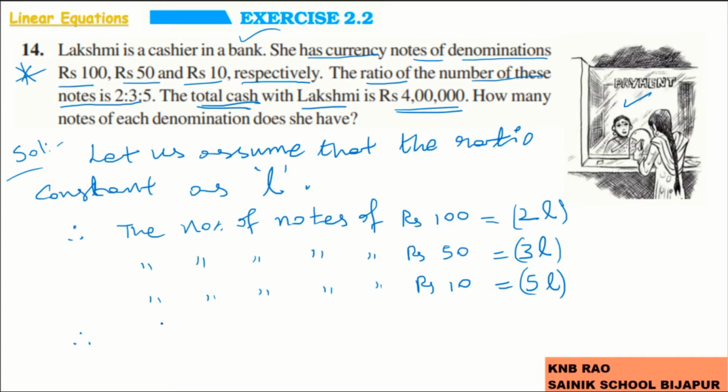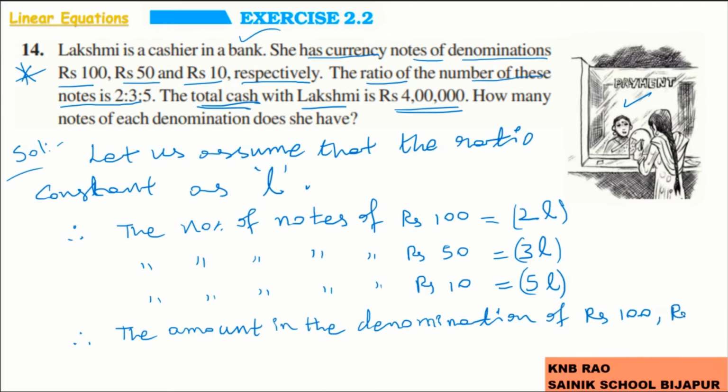Therefore the amount in the denomination of rupees 100, rupees 50 and rupees 10 are: 100 rupees in 2L number, that means their product gives you the amount in rupees 100, that is 200L rupees.